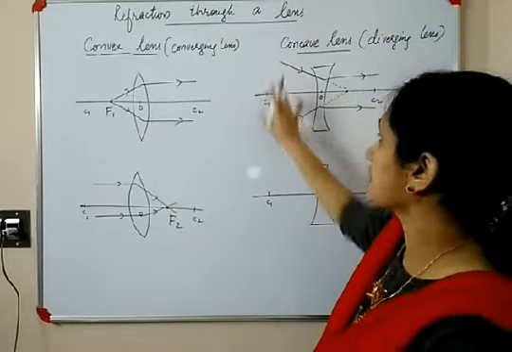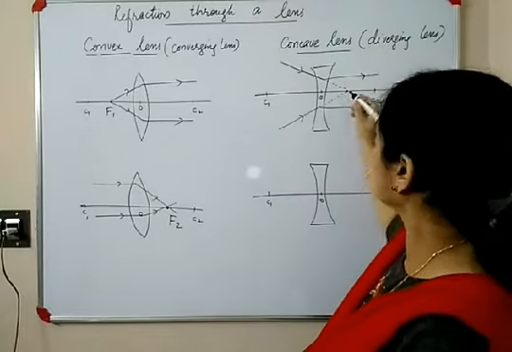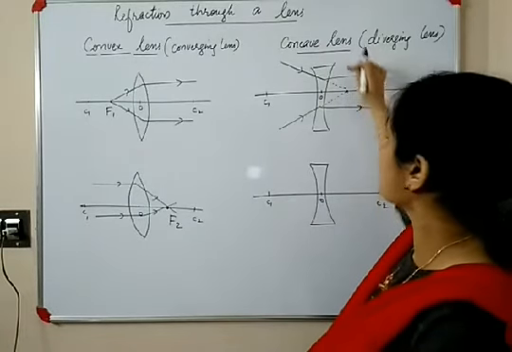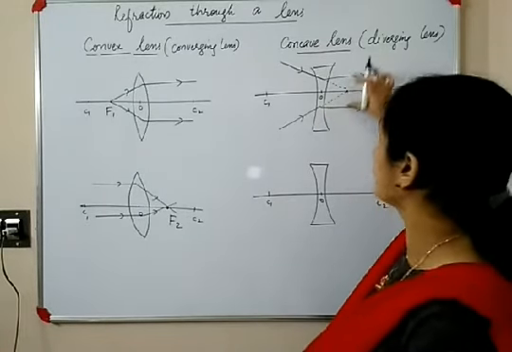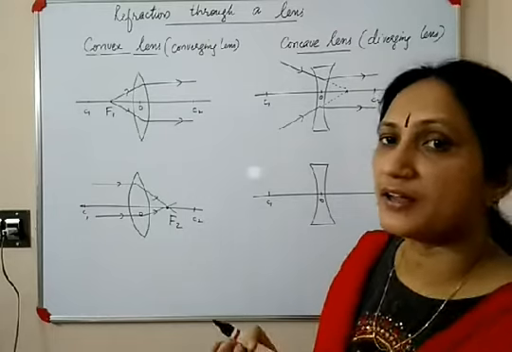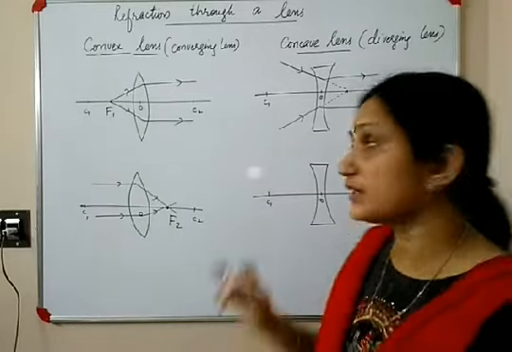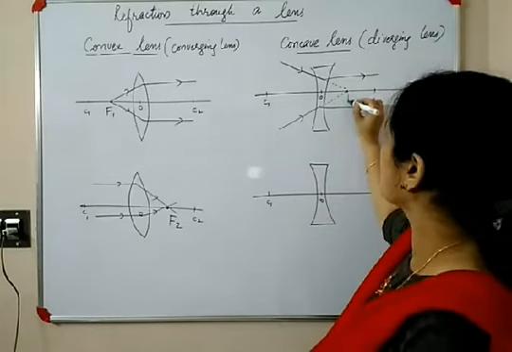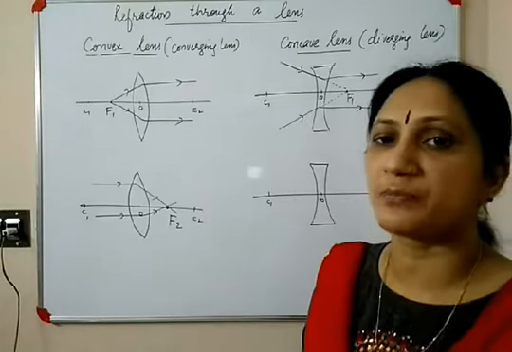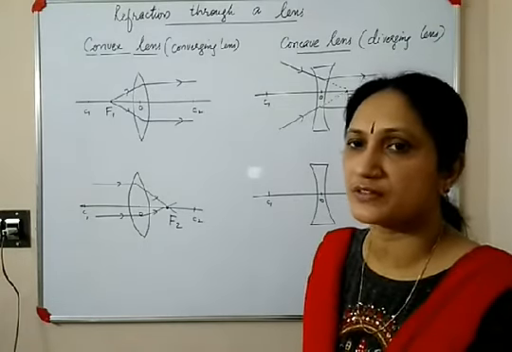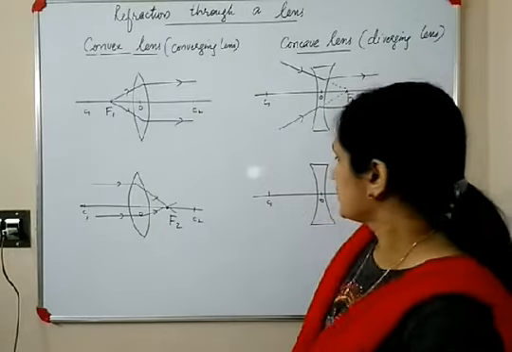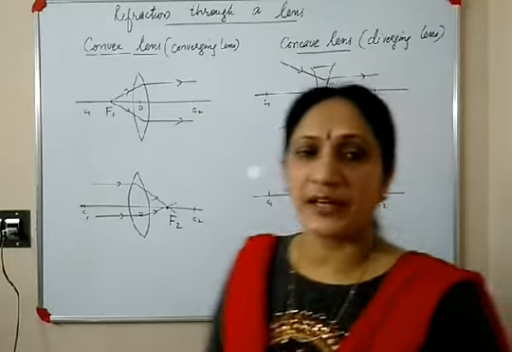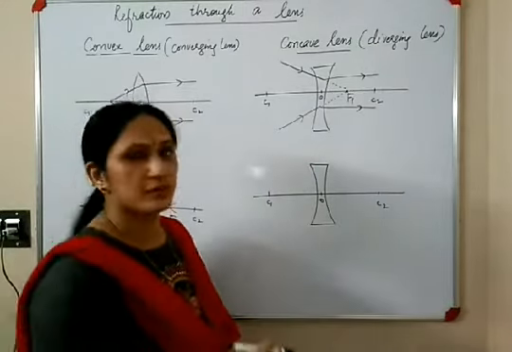So these light rays, which are appearing to meet at a point, after refraction through a concave lens, come out parallel. In that case, where the incident rays are assumed to meet, that is called the first principal focus of the concave lens. Then, what is the meaning of the second principal focus of a concave lens?